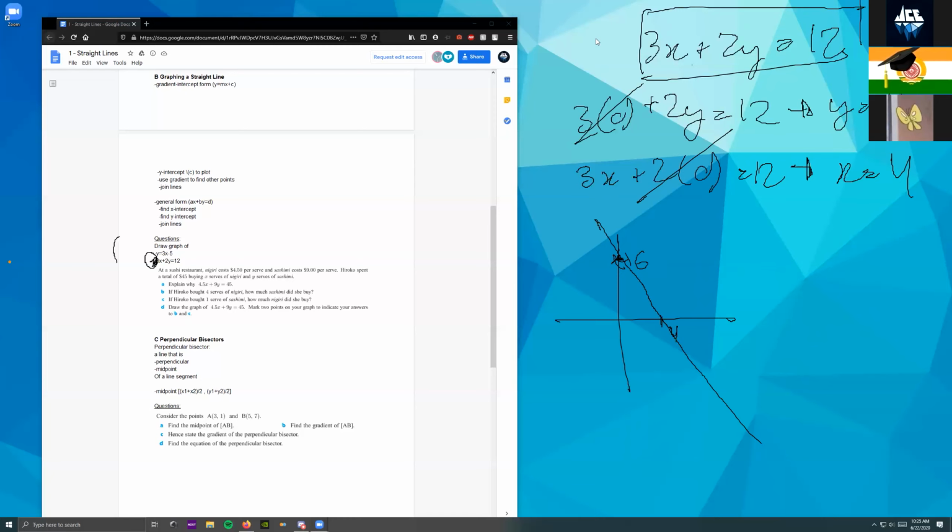And a sushi restaurant, nigiri costs 4.50 per serve and sashimi costs 9.00 per serve. Hiroko spent a total.